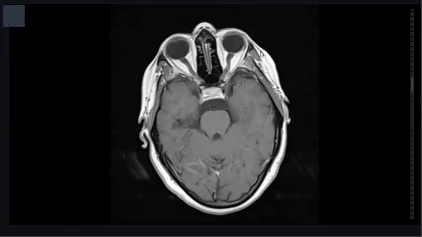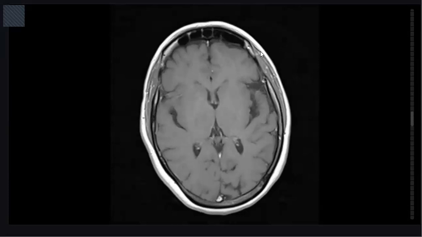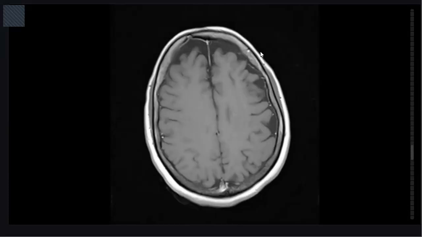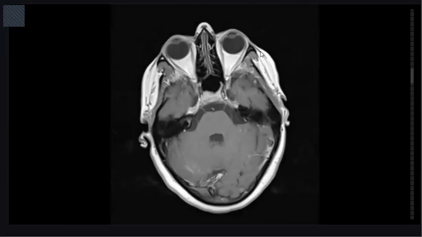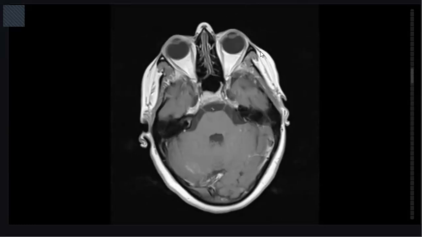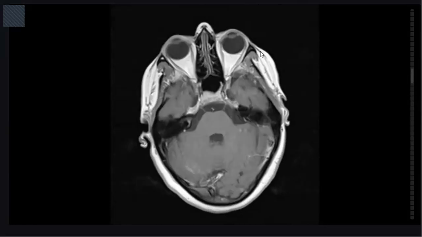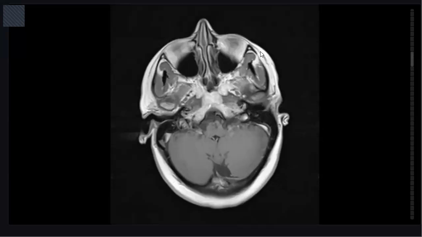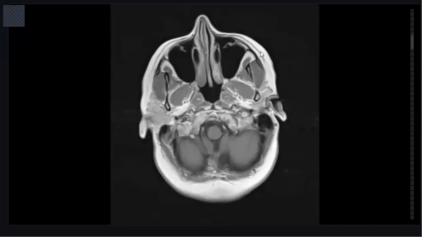What about the cerebellum? I didn't detect any abnormality in the first look in the cerebellum, but here I can see there is multiple hyperintense areas in the right cerebellar hemisphere.